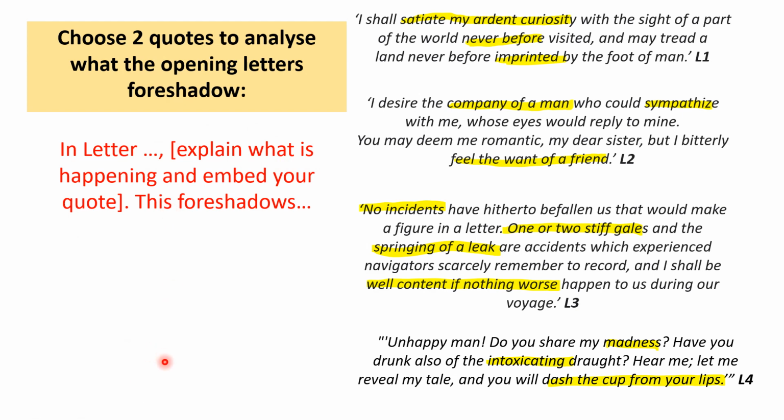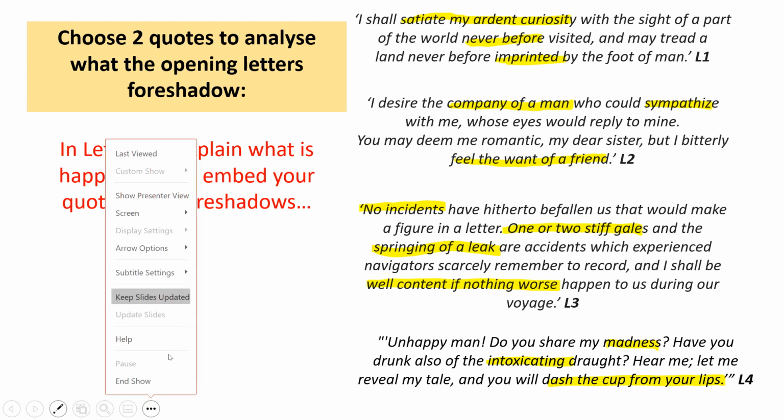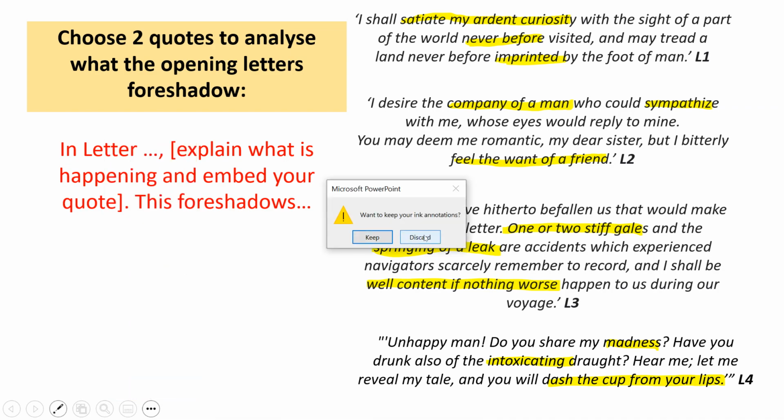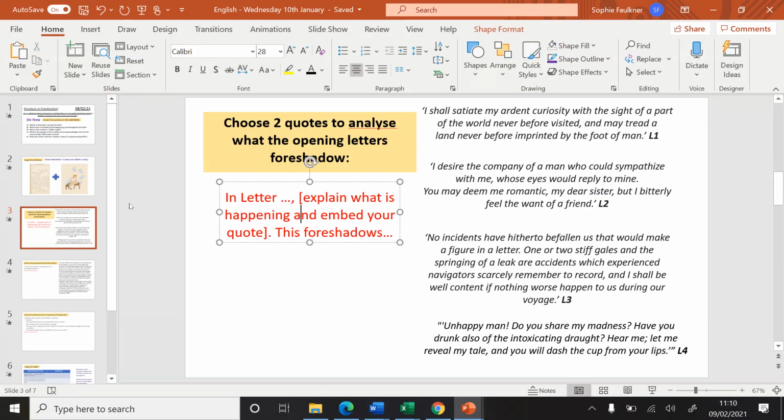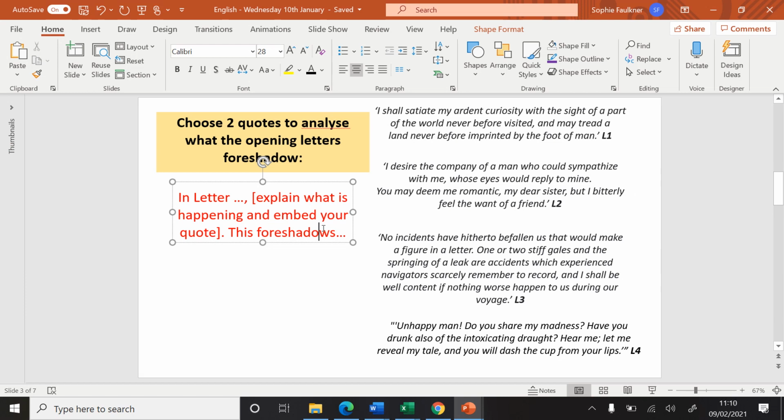So I'm just going to come out of this, and I'm going to use this sentence structure here to analyse letter 4. So I'm going to write, in letter 4, and I'm going to explain what happens.